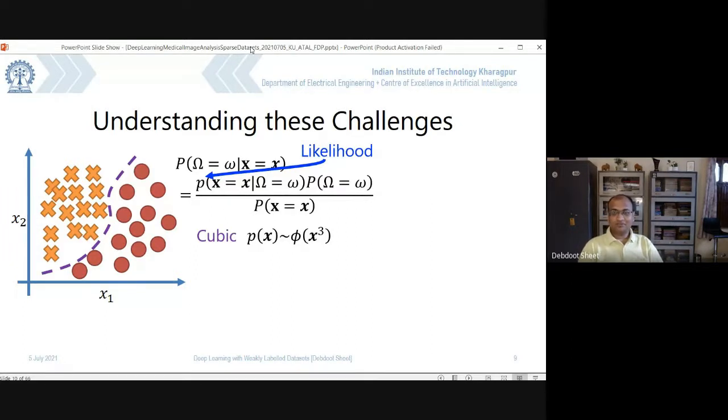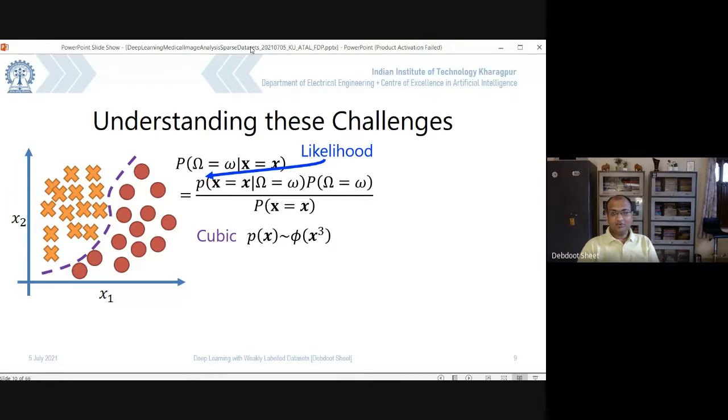And why that comes down is that your evidence, or the denominator, is basically equal to the sum over the marginal product in the numerator. So your numerator is basically the product of likelihood and prior. The prior is anyways a constant. It's not a polynomially defined quantity. It's a constant number, you will always get.